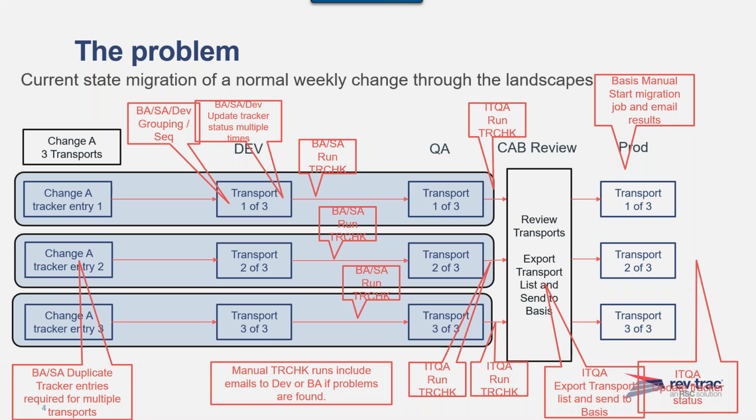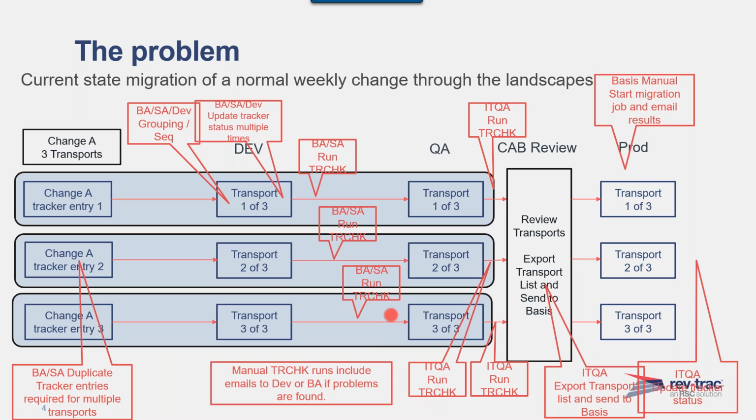Just to the right of that, you'll see BASA run TR check. So TR check was a utility that was manually run in our environment to identify sequencing issues or dependency issues, things of that nature. But again, it was a utility, and it had to be manually run. It was not built into the process, no automation at all. And I mentioned that near the bottom, I see manual TR check runs.